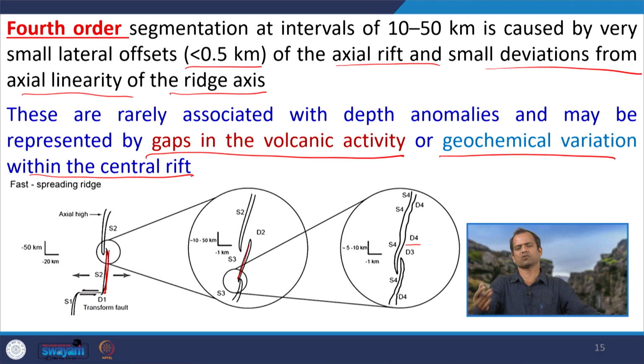So, this fourth order discontinuity has no depth anomalies, it is a near surface phenomenon. However, the other three discontinuities, that is the third order, second order and first order, have both lengthwise and depthwise influence on the mid-oceanic ridge system.